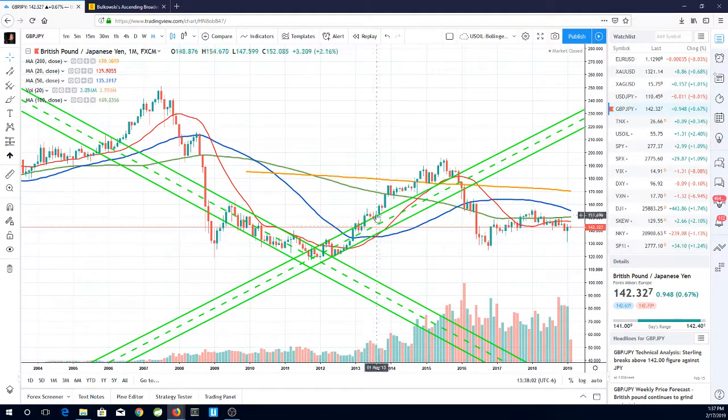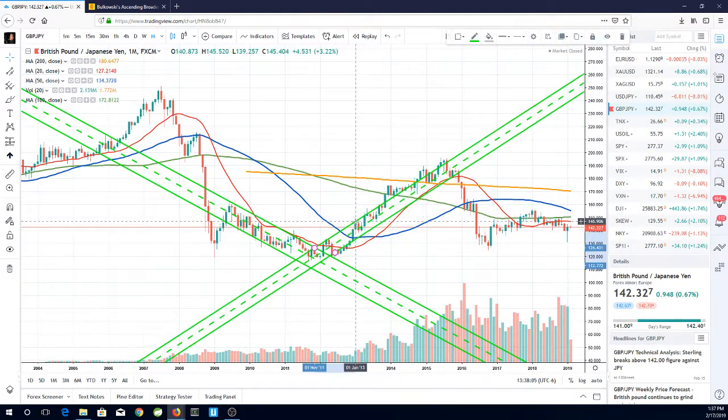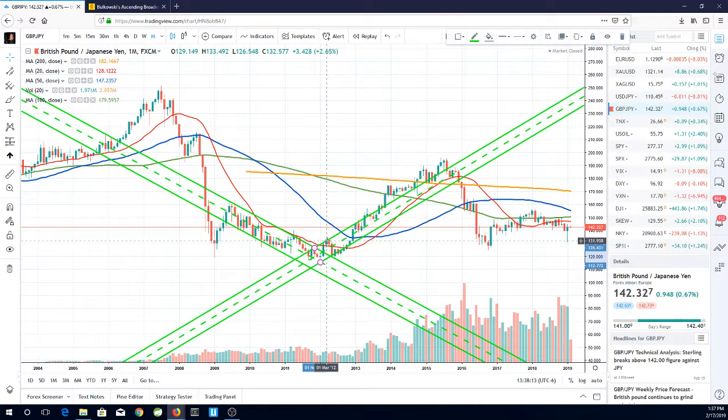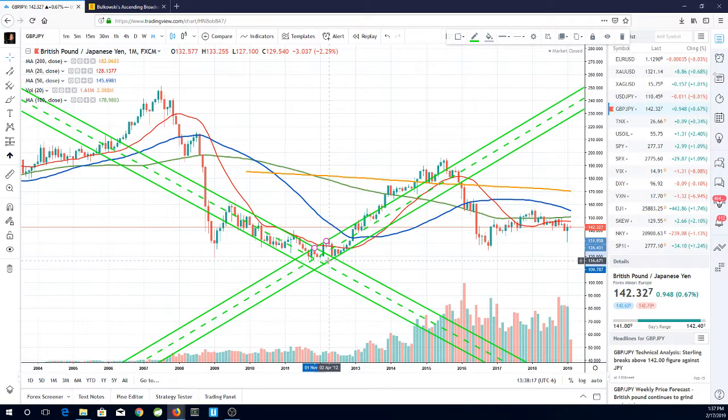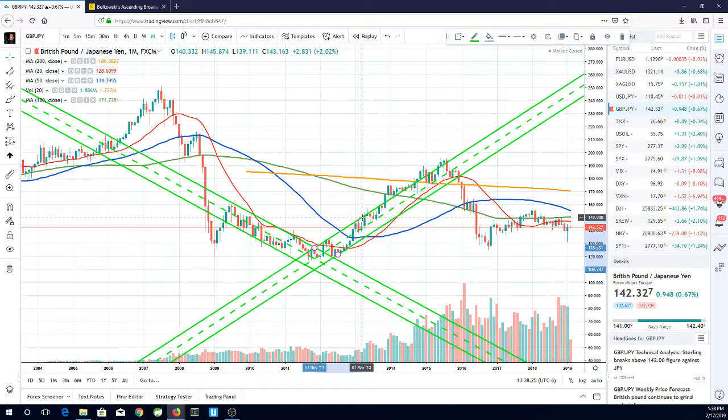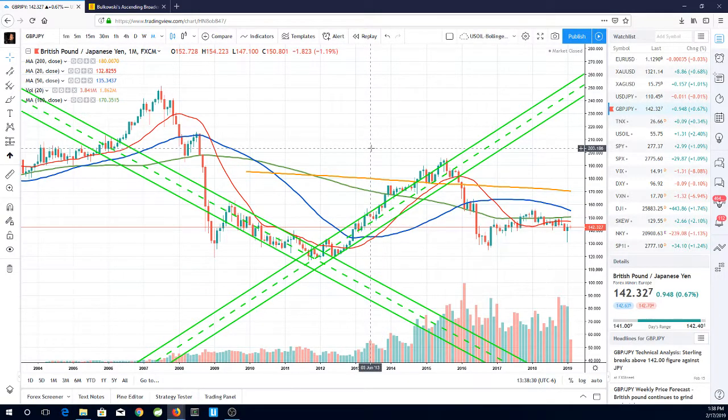So you can see here, this is a little far. I could have drawn it a little better initially, and maybe made this a little wider. So basically, as it goes, you can get indications that you can adjust your channel as you go.